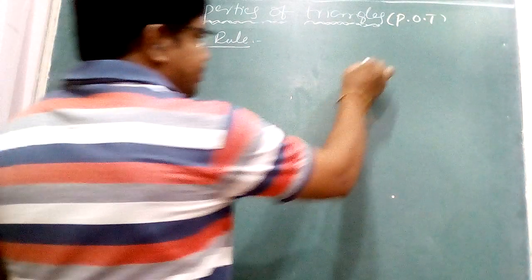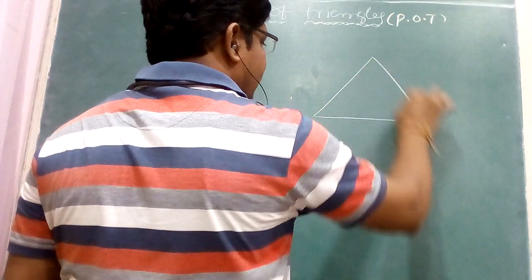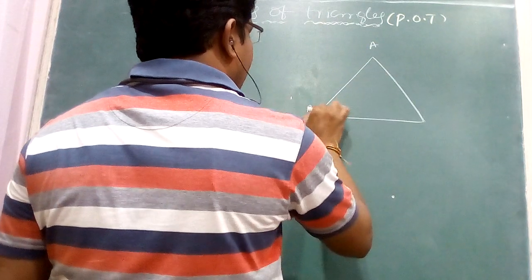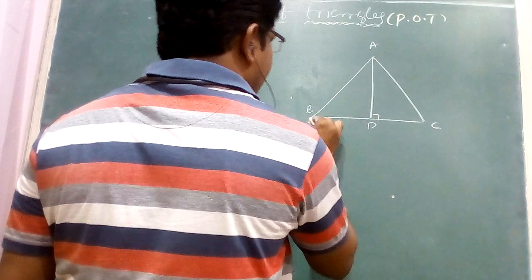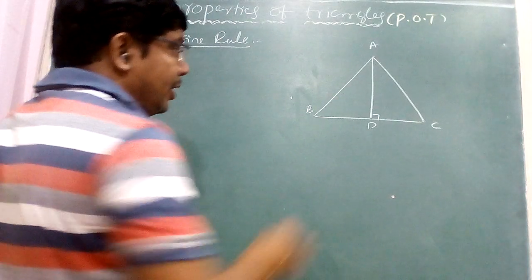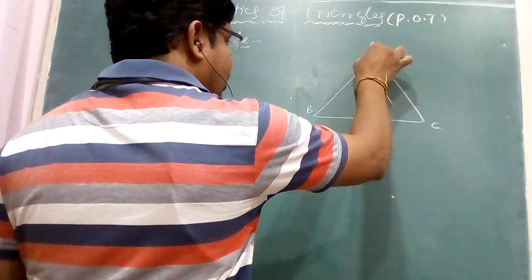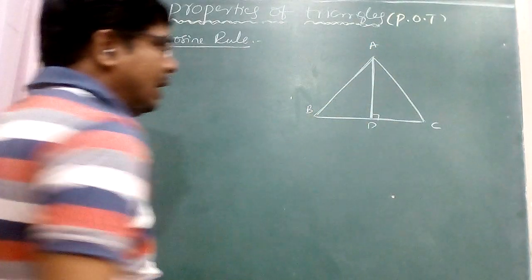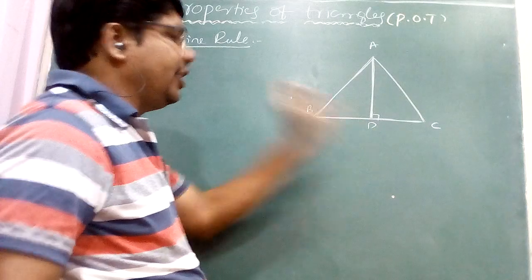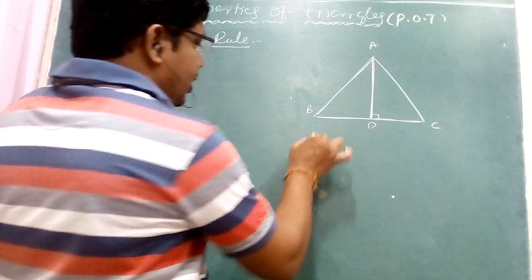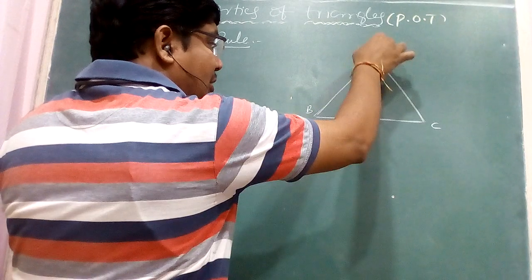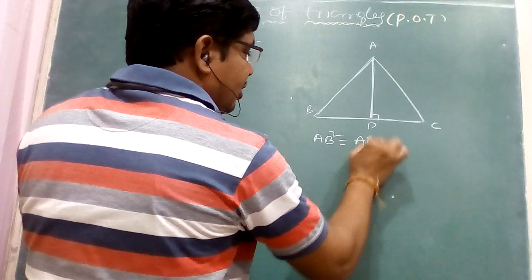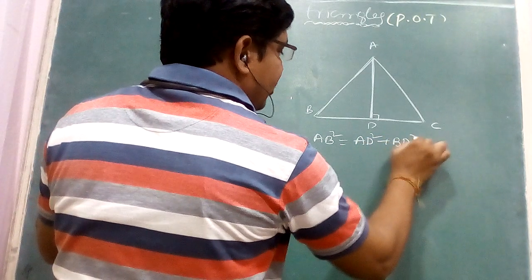In a triangle ABC, here also I am taking cosine rule. In triangle ABC, AD is perpendicular to BC. Now in this right angle triangle ABD, by using Pythagoras, AB square is equal to the sum of squares of the other two sides, AD square plus BD square.